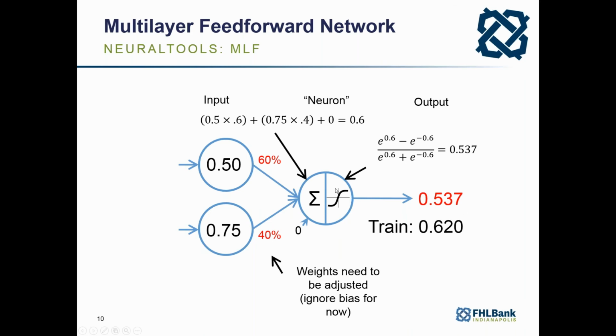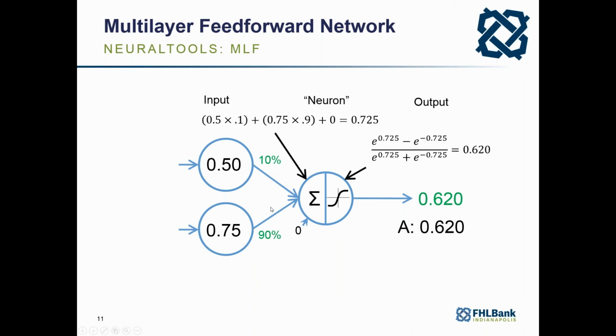There's an error. I'm going to propagate that error back through this network and readjust these weights until I get the minimum error possible. So now if I readjust these two weights to 10% and 90%, I get a perfect match. So now I've basically perfectly matched my training set, and I've established the perceptron by itself.